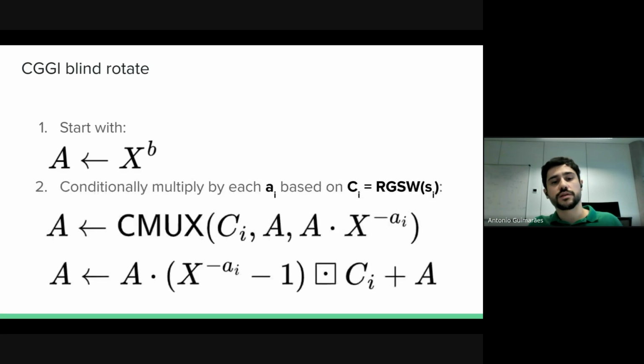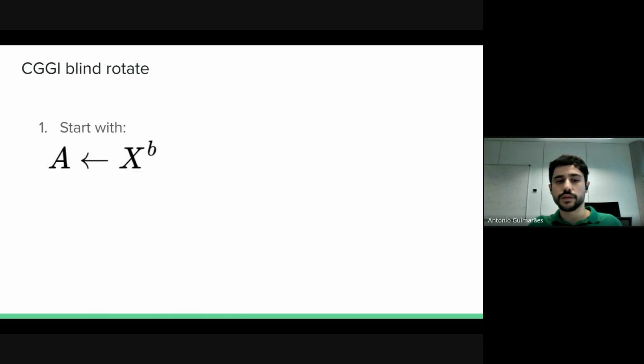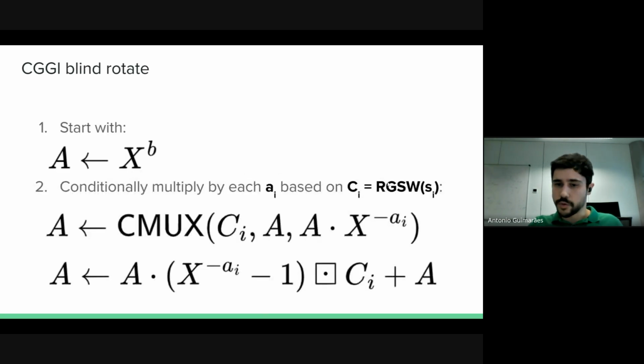You start with an accumulator and use controlled multiplexers to compute every term of this inner product. This process exploits the asymmetric behavior of RGSW multiplications, and through it you get a bootstrapping that only introduces linear noise.